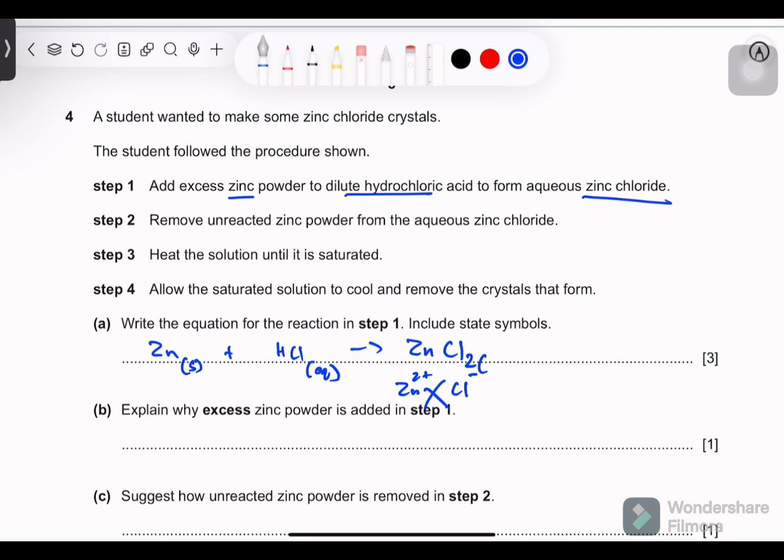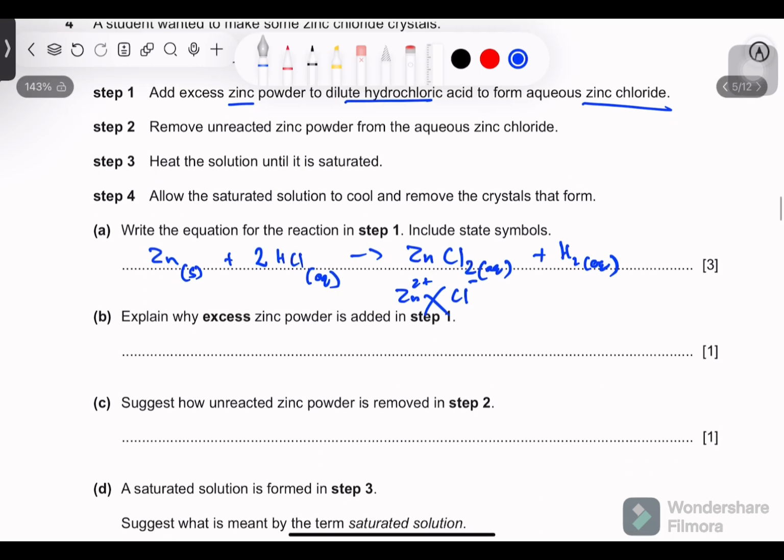This should be aqueous, they have told us. Plus hydrogen gas should also be formed because we know the reaction of metals with acids always gives us a salt, which is zinc chloride, and hydrogen gas. So you just need to add 2 over here to balance this.